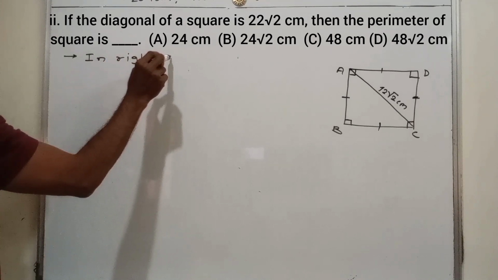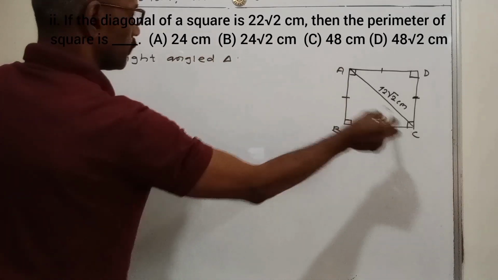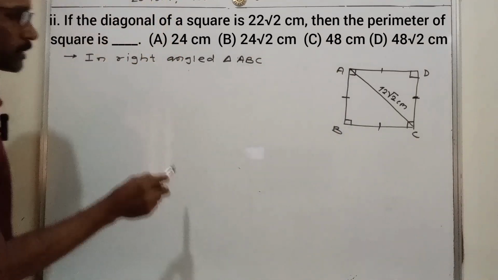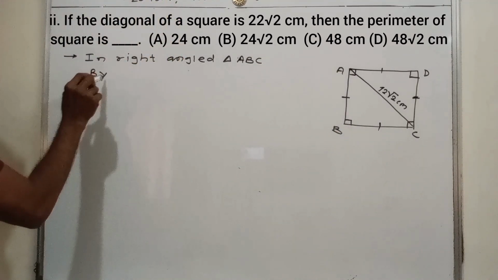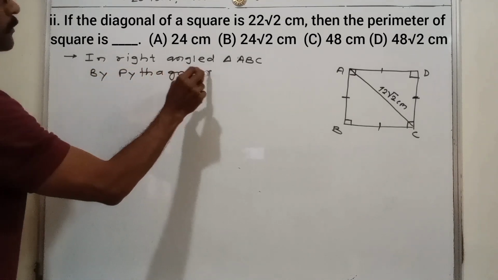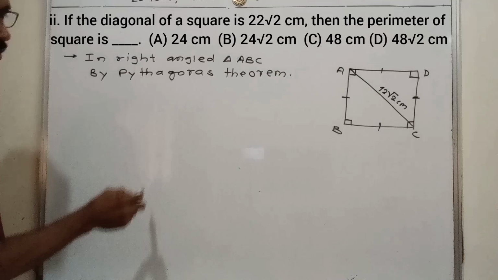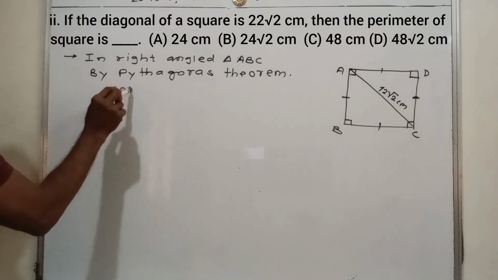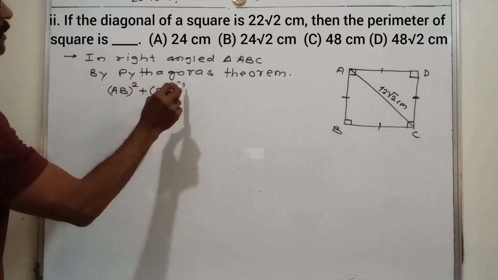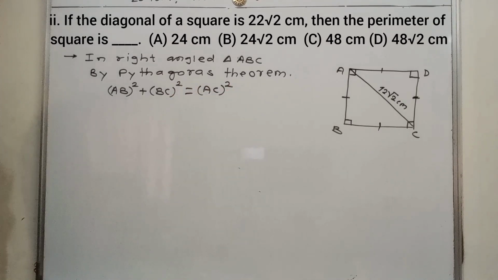See here, in right angled triangle ABC, by Pythagoras theorem, AB square plus BC square is equal to AC square.